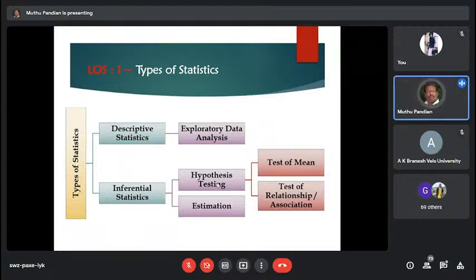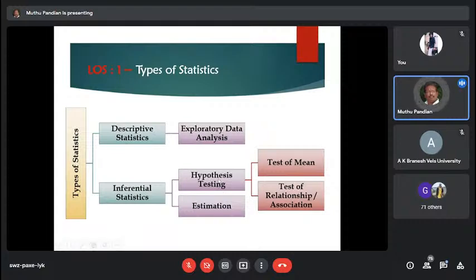She takes a sample from the pot and checks whether that sample of rice is boiled. If it is, she automatically concludes that the entire pot of rice is boiled. This is called generalization. For this type of generalization, we require statistics.